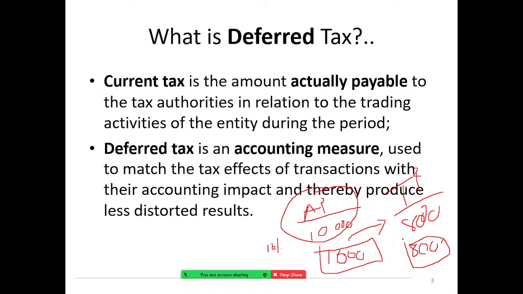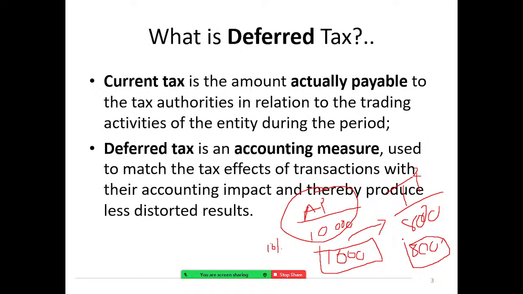In the future, what will happen? You can enjoy this lower income tax for up to 5 years, because in the first 5 years you can enjoy the higher capital allowance.